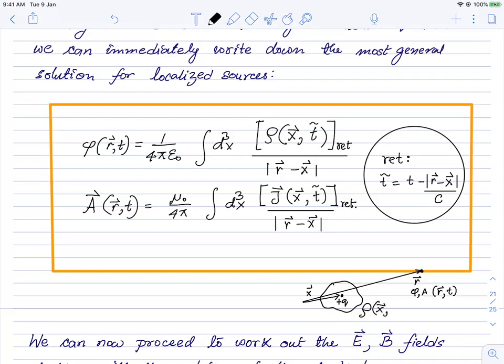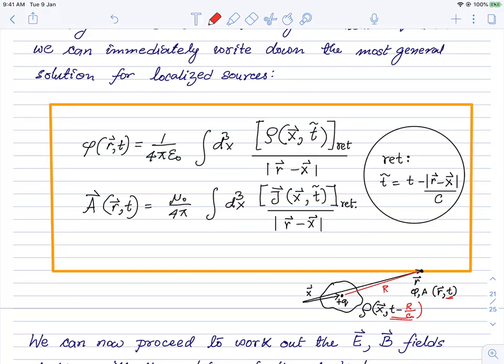We have to take it at a time before, and this before is basically this distance r divided by c. That's the physical picture: you take the distance divided by c away from this time, and what the source was doing at that earlier time determines the fields at this point.